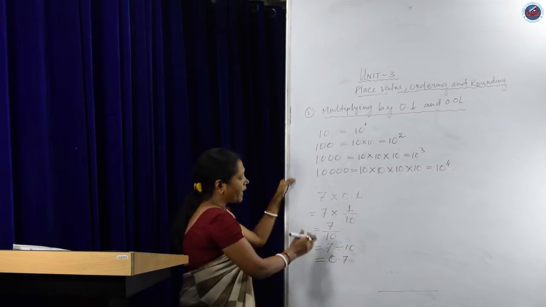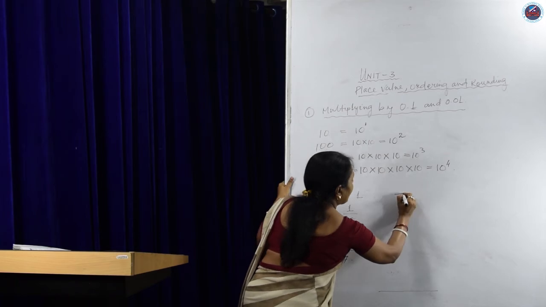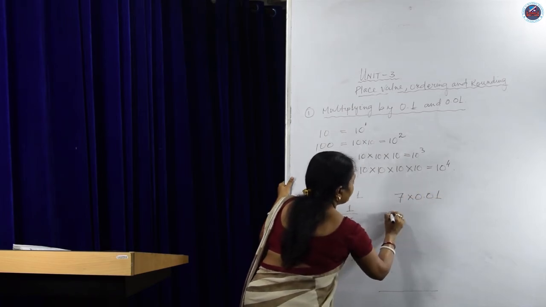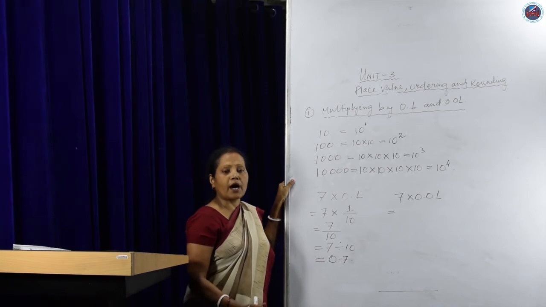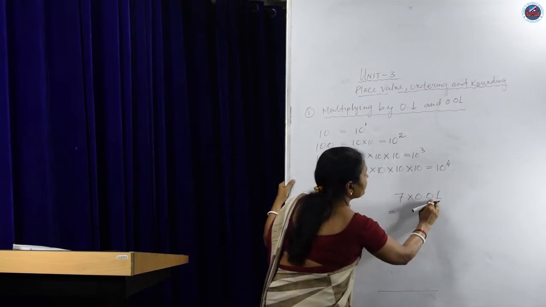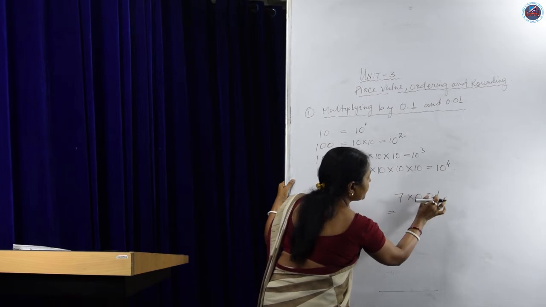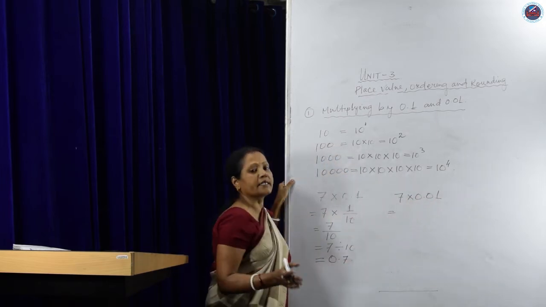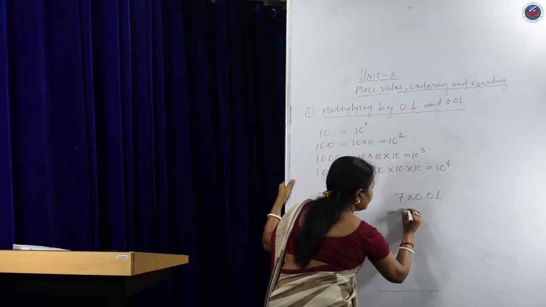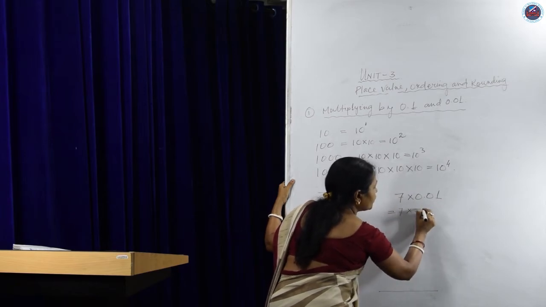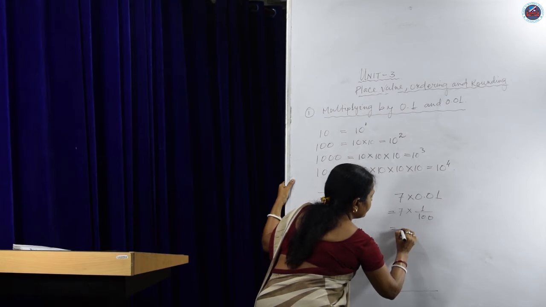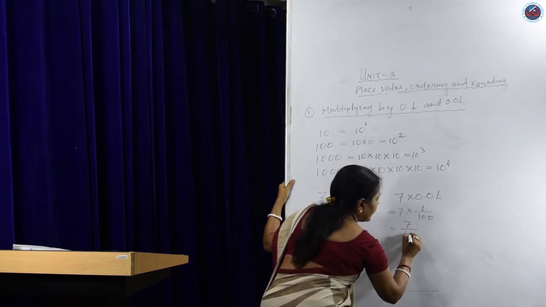So 7 divided by 10 is 0.7. Likewise, say 7 into 0.01 is the same as dividing by 100. When we multiply a number by 0.01, it is the same as dividing the number by 100. 0.01 can be written as 1 by 100, that is 7 by 100.